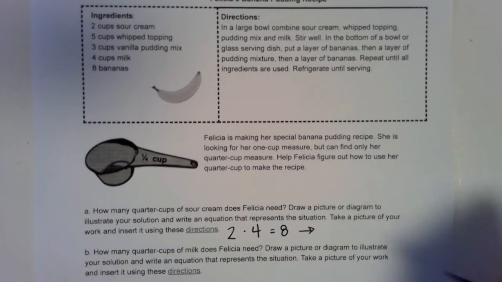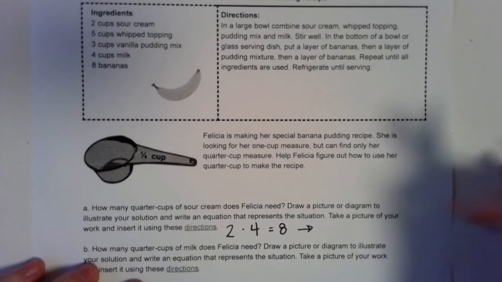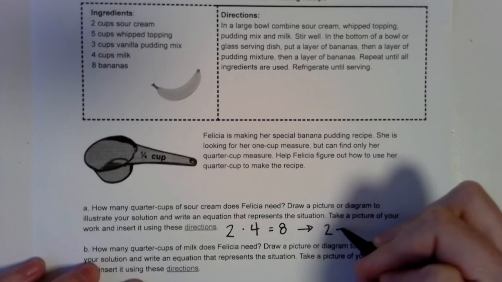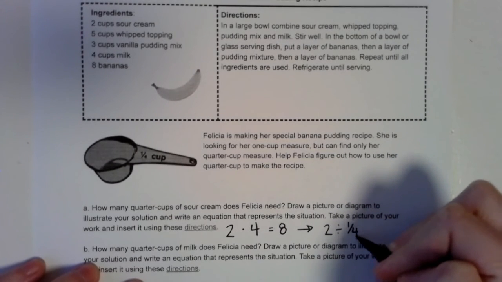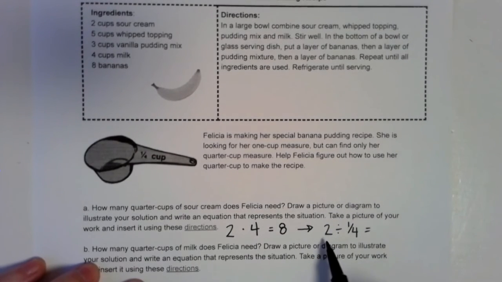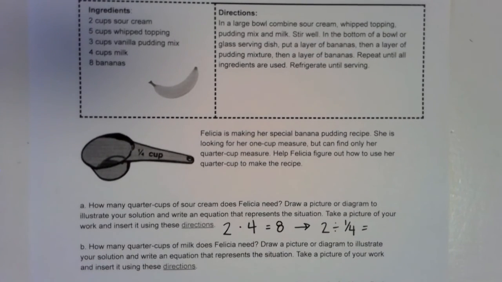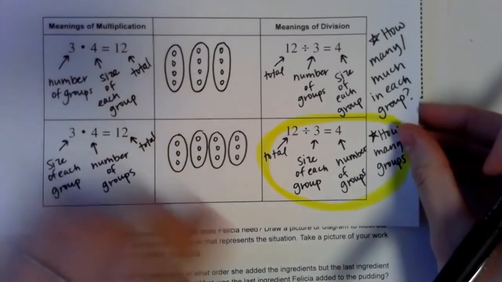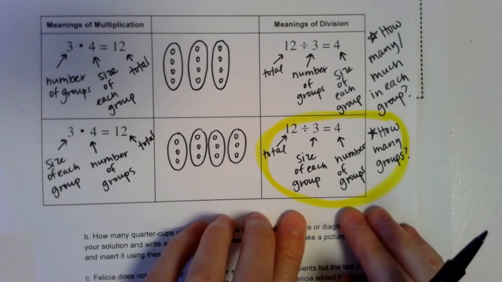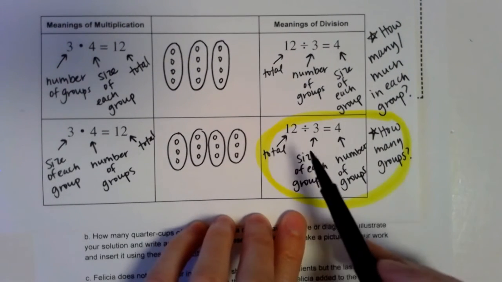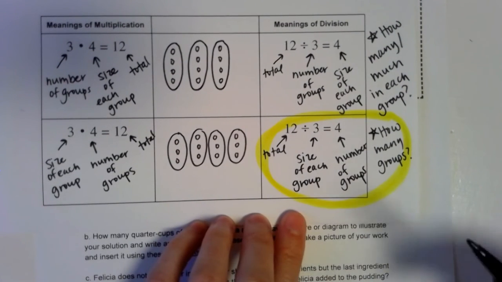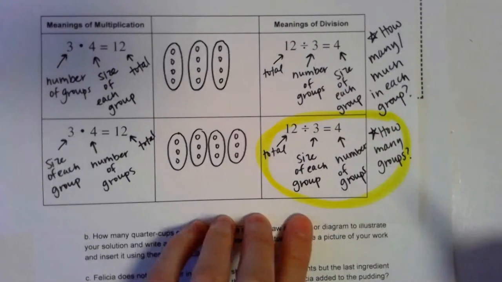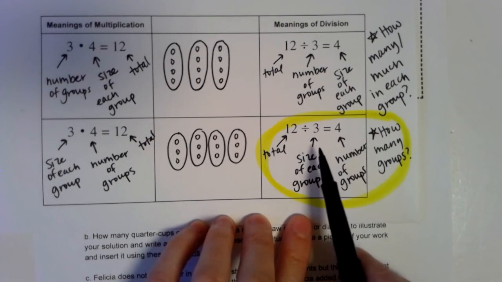The division way to think about this problem is how many quarter cups fit inside 2 cups. So that's going back to this last interpretation of division. We know our total is going to have to be 2 cups. The size of each scoop is a quarter cup.